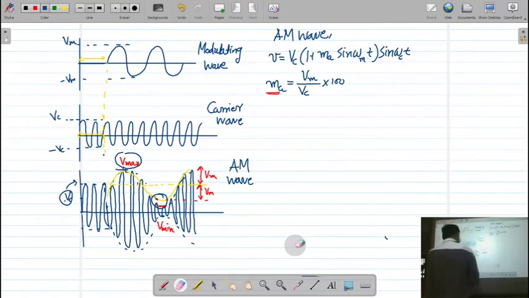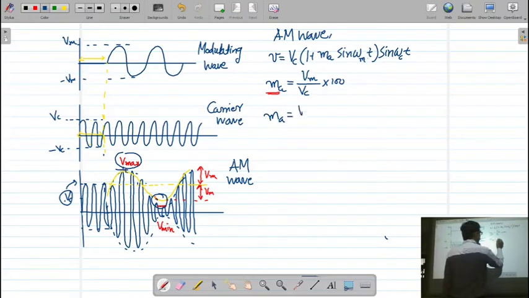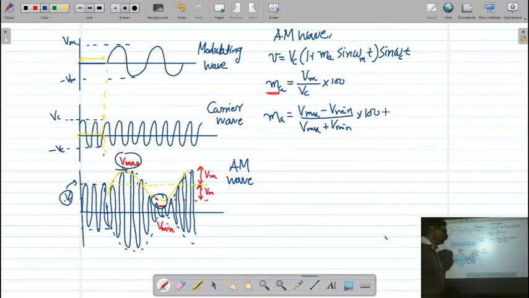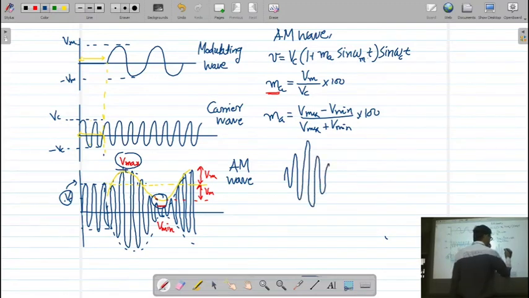Again, I am writing here the formula. So, MA is V maximum minus V minimum divided by V maximum plus V minimum multiplied by 100. Now, suppose we have this kind of modulated wave.